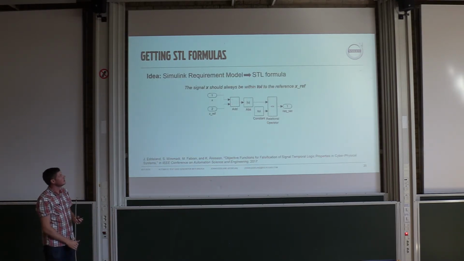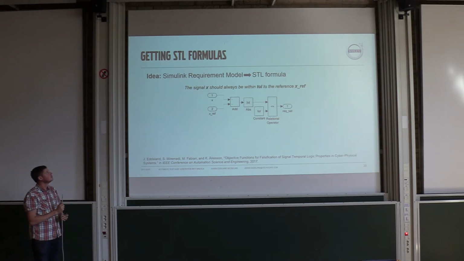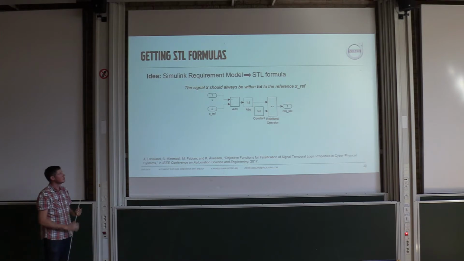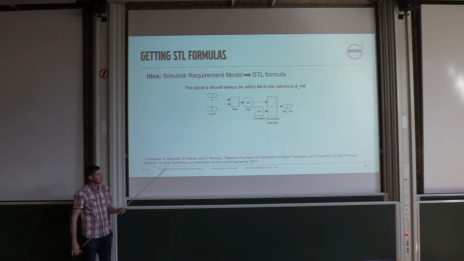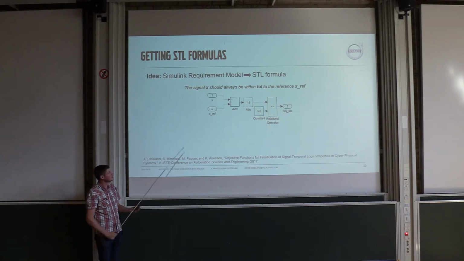So the main idea for what I've been doing with this work is that we take a requirement model which has been developed by a test engineer and can look for example like this, which is a really trivial example, but just to give you an idea.